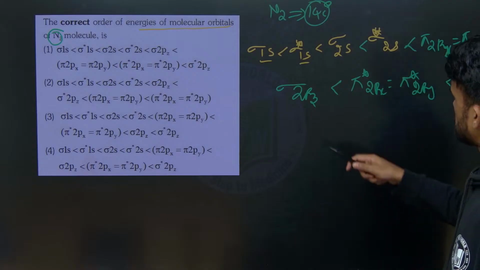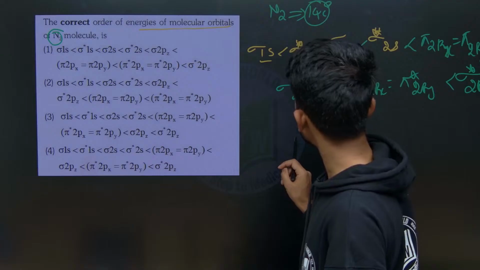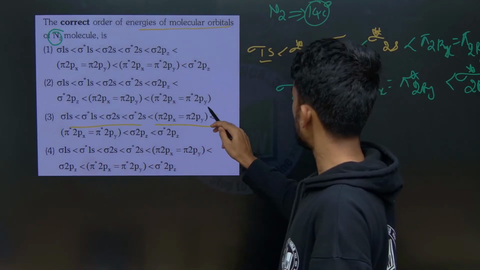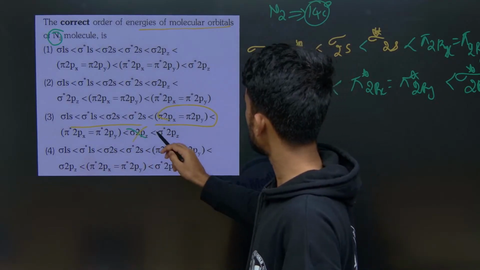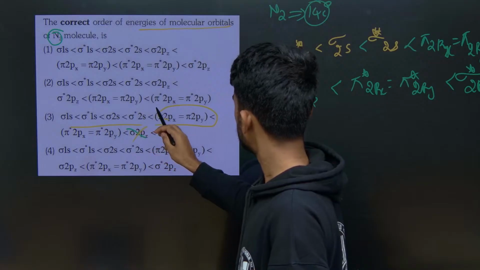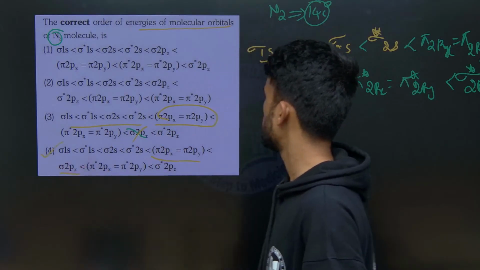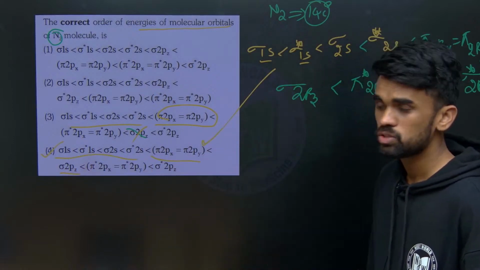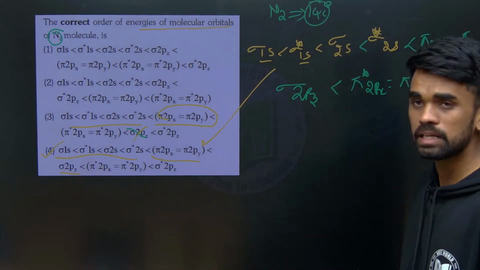So this is the order we need to follow. And where do we have this kind of option? Sigma 1s, sigma 2s, pi 2px equals pi 2py. This is incorrect. Again, no. So look here: sigma 1s, sigma star 2s, which is similar to this. So option number 4 will be correct for this particular question. I hope it is clear, there is no confusion.